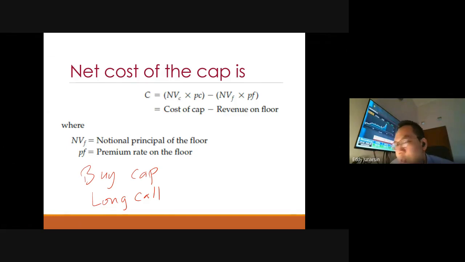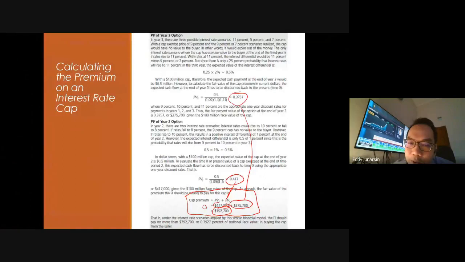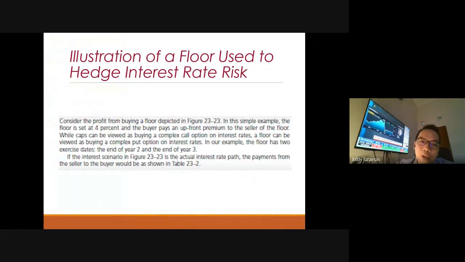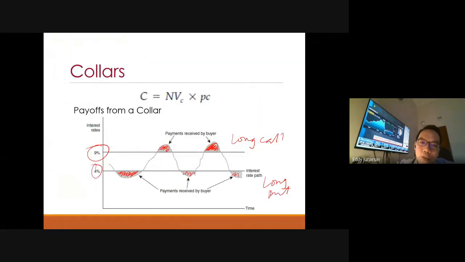You think that the premium is too expensive, and it is expensive, right? You see from our example, the cap premium might be like 800,000 or a bit less here, 792,000. So it's quite expensive, right? For 100 million contract, the call premium or the cap premium is 792,000. So it's quite costly.